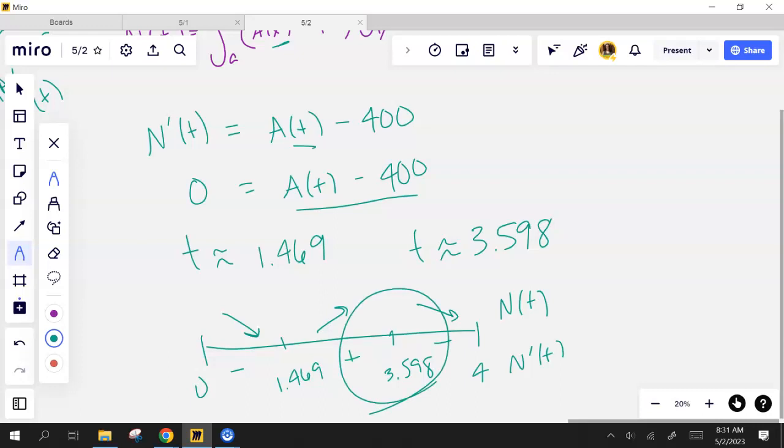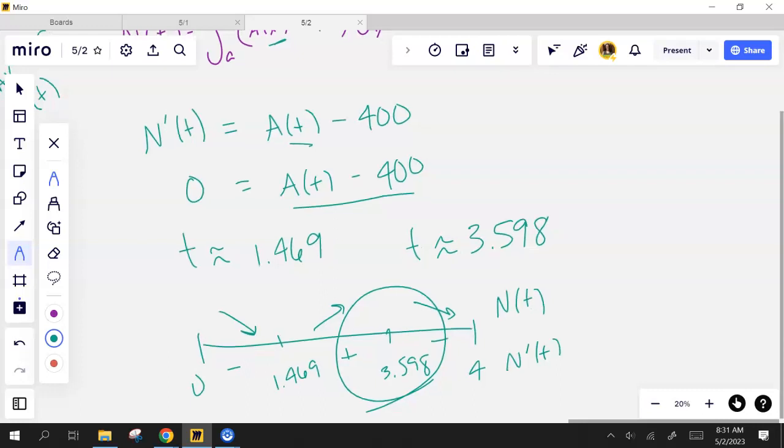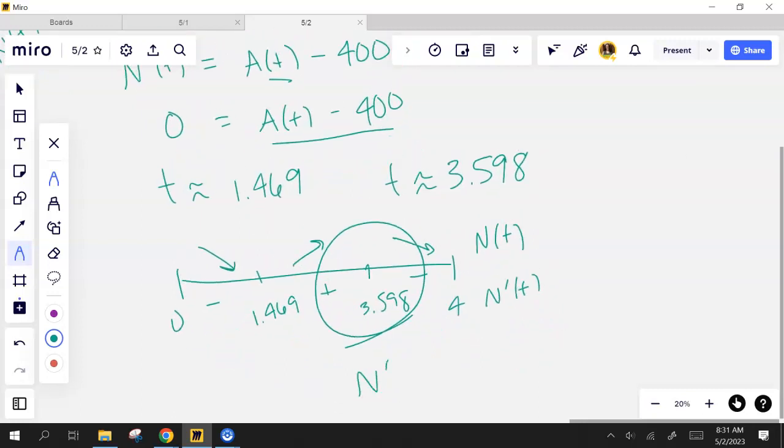But that's not what it asked me, because it asked me to the nearest whole number, find the greatest number of vehicles in line. So now I have to take that value and plug it back in. So I do N of 3.598, which is going to be, say again.